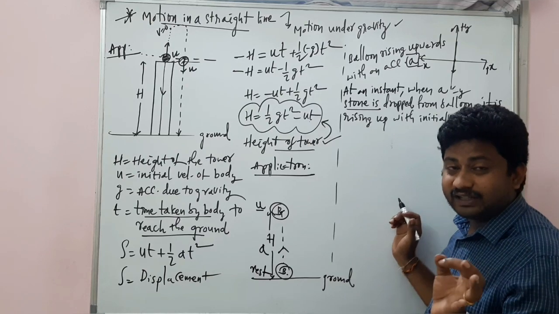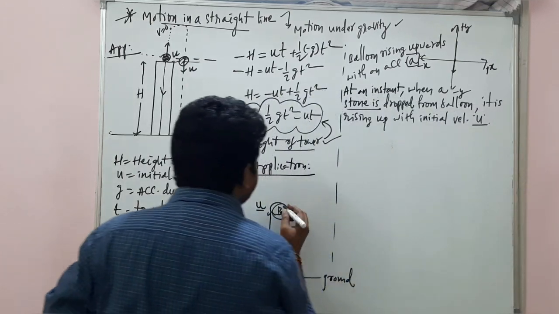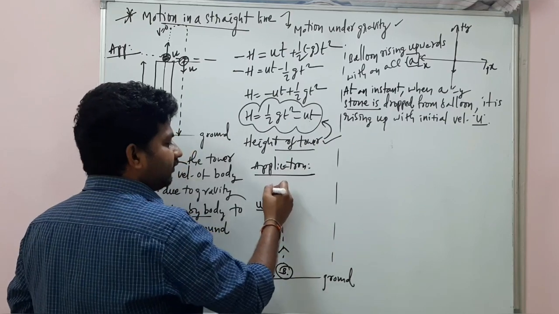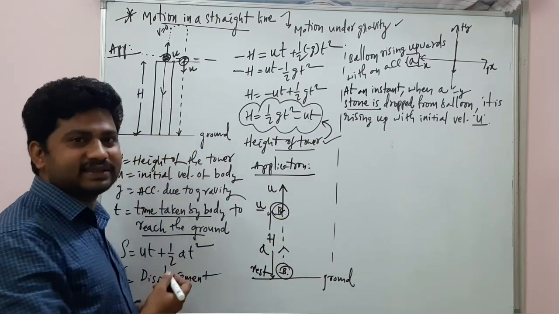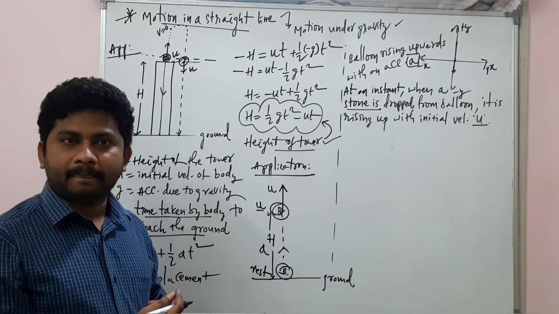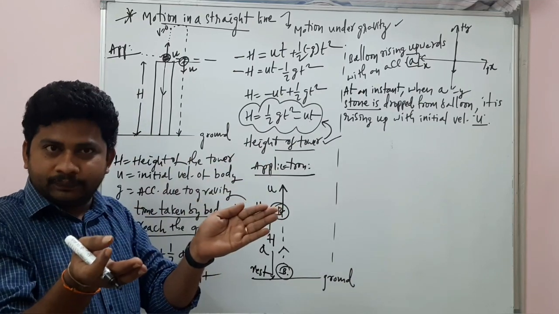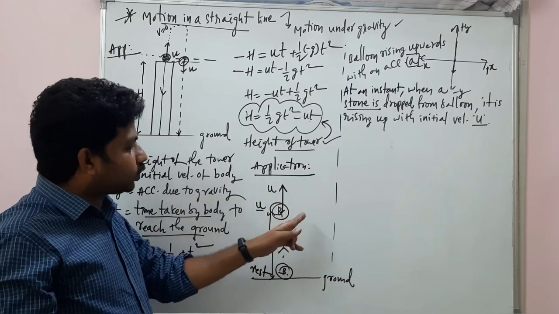But when we drop, the stone will try to move upwards only with the same initial velocity, only for some extent, because it is out of the balloon now. Balloon will move and the stone is dropped, right?